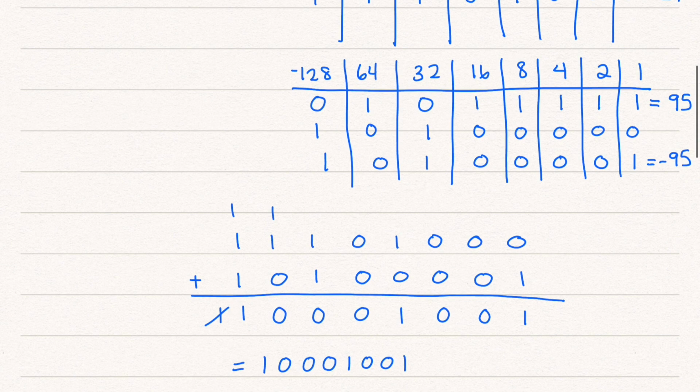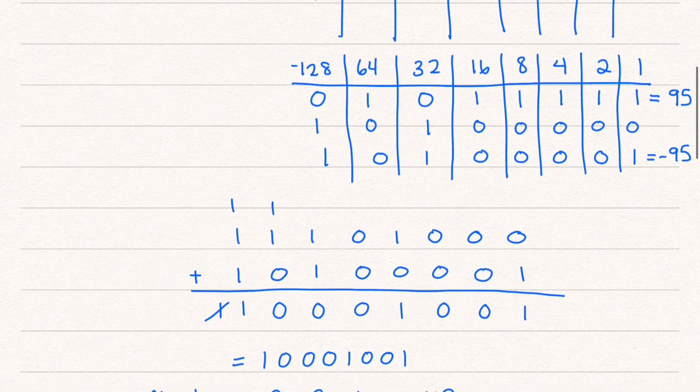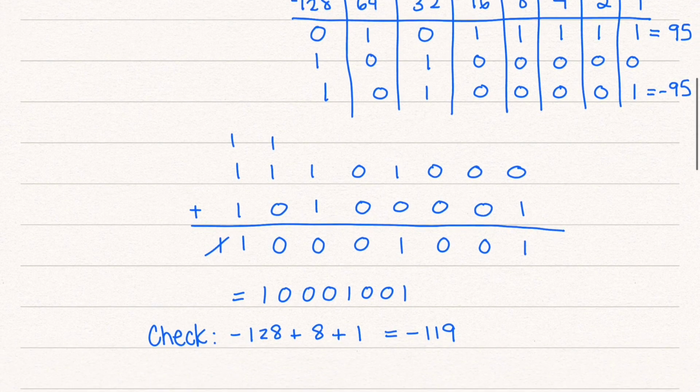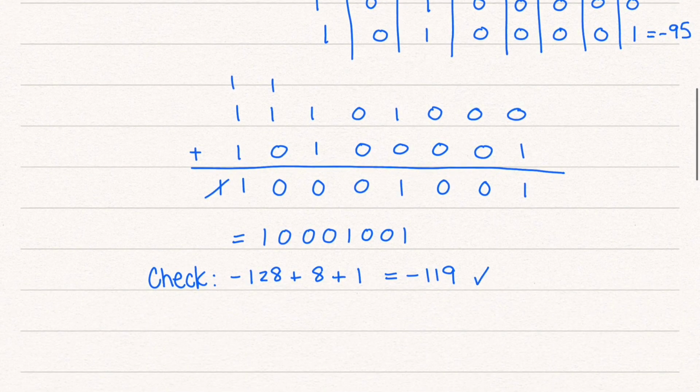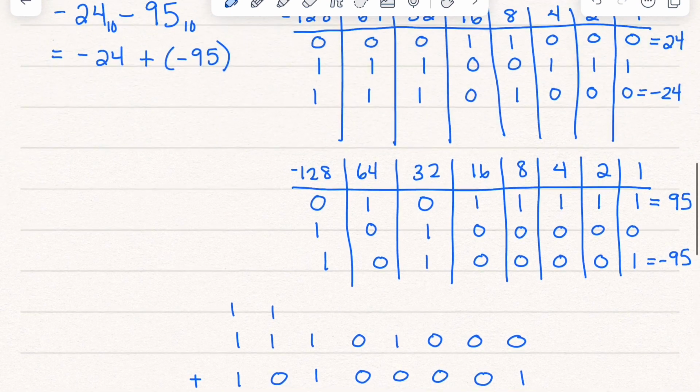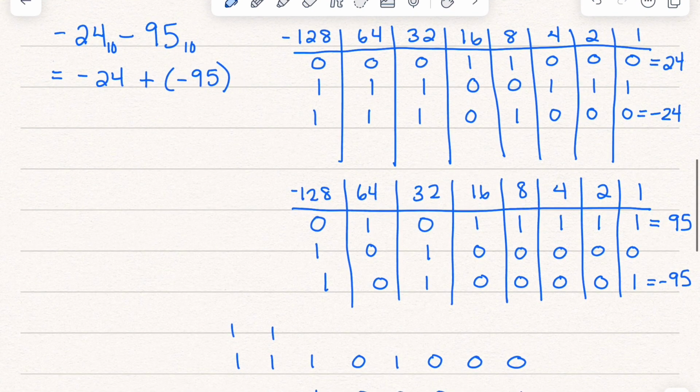And let's check, is negative 24 minus 95 in fact equal to negative 119? So we know we did it correct. Let's not forget our little subscript 2 at the end of our answer. Okay, so that is how you solve using complement addition and 2's complement form for negatives.